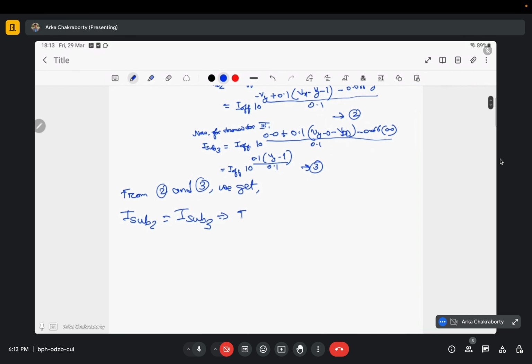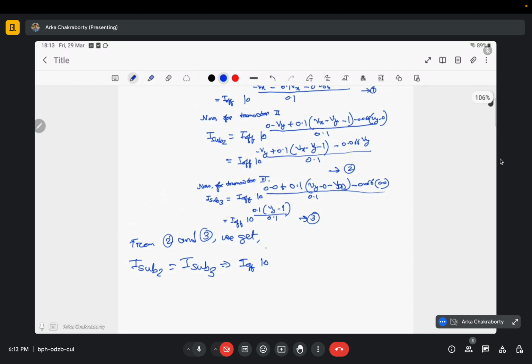Or let me write it for you. I0 into 10 to the power minus Vy plus 0.1 Vx minus Vy minus 1 minus 0.066 Vy by 0.1 will be equal to I0 into 10 to the power 0.1 Vy minus 1 by 0.1.